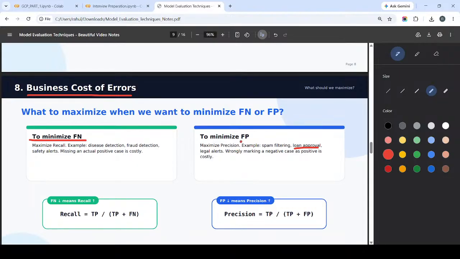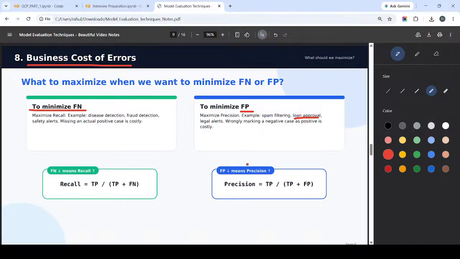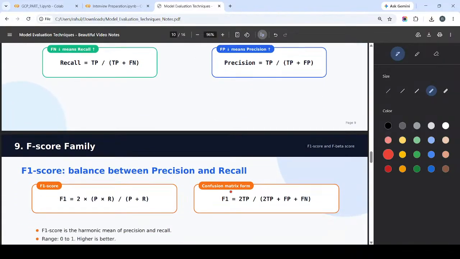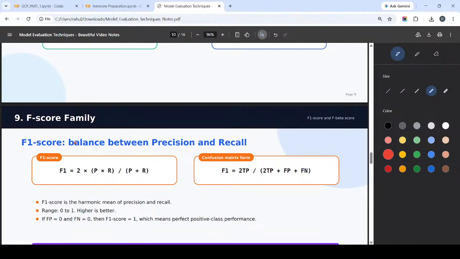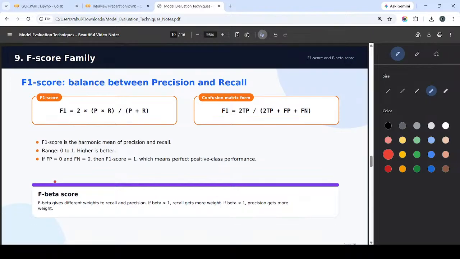So in that case, we try to minimize false positive, so we maximize precision.